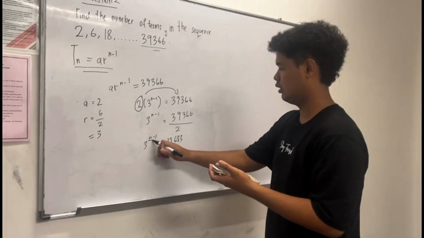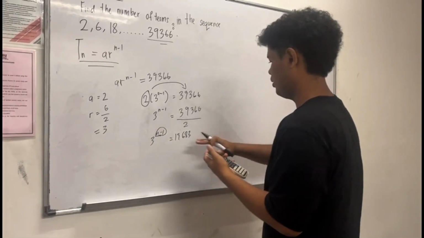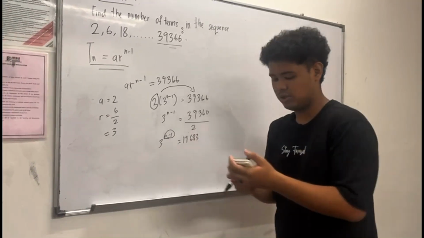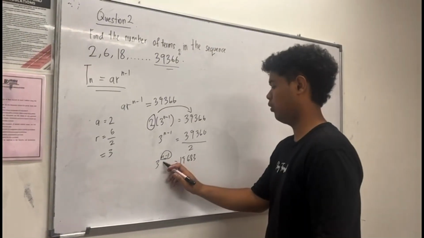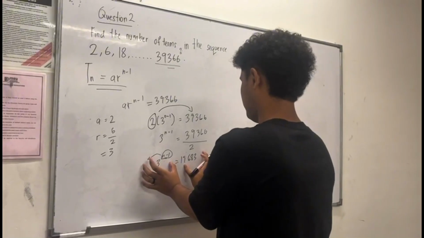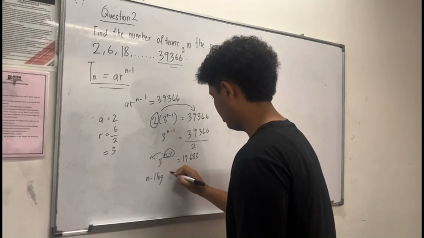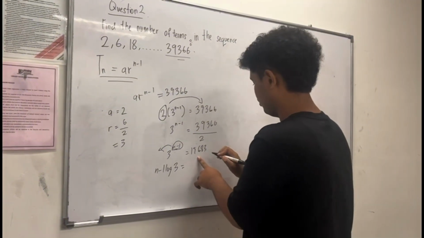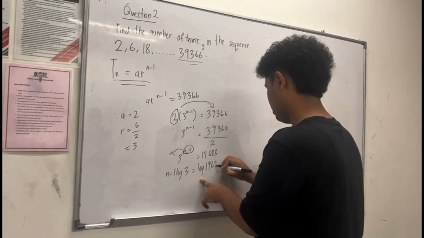To deal with this, to make both sides the same base, we need to use the concept of logs. If there are powers, we need to bring them to the front, so we apply logs to both sides. We will have n minus 1 times log 3, and the other side is log 19,683.